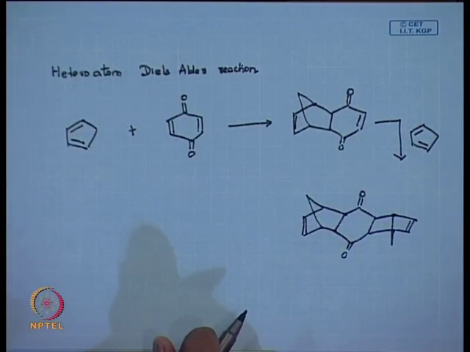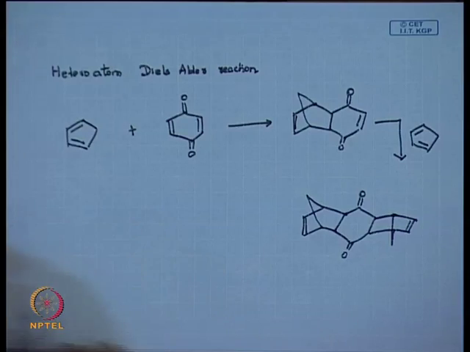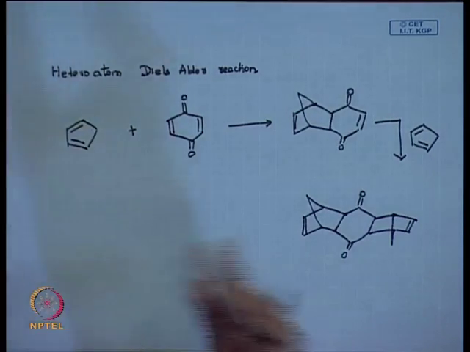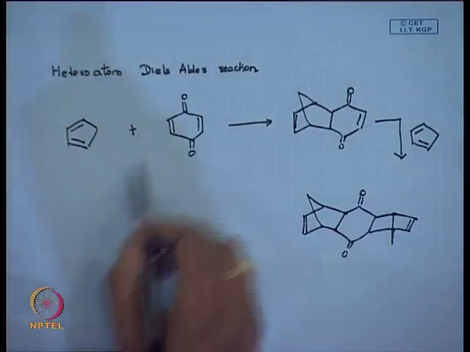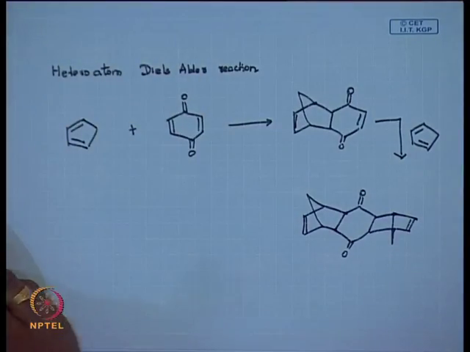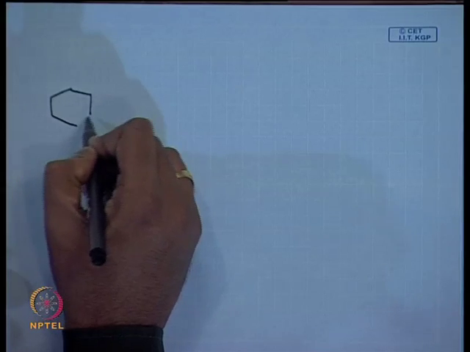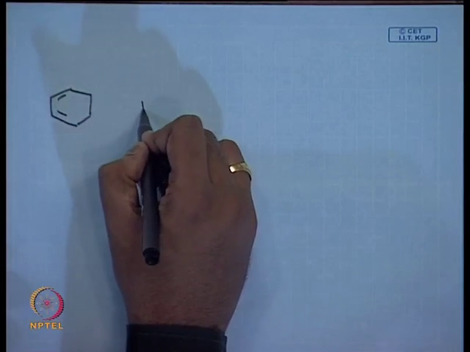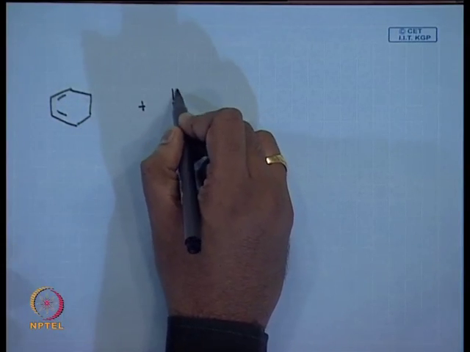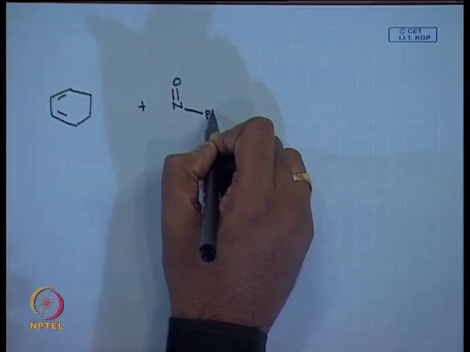Like two types of Diels-Alder reaction you can look for here in this case. This we call heteroatom Diels-Alder. This is not exactly heteroatom, but you can think about oxygen in the systems. But we will see now the exact heteroatom Diels-Alder reactions. This is a proper example for your heteroatom Diels-Alder, right?